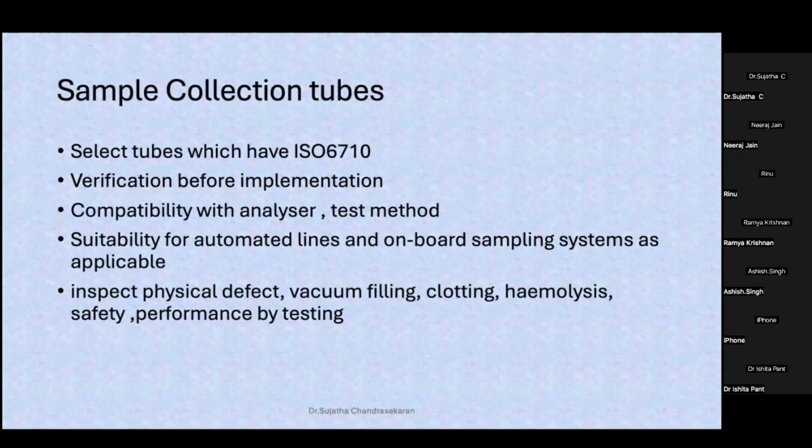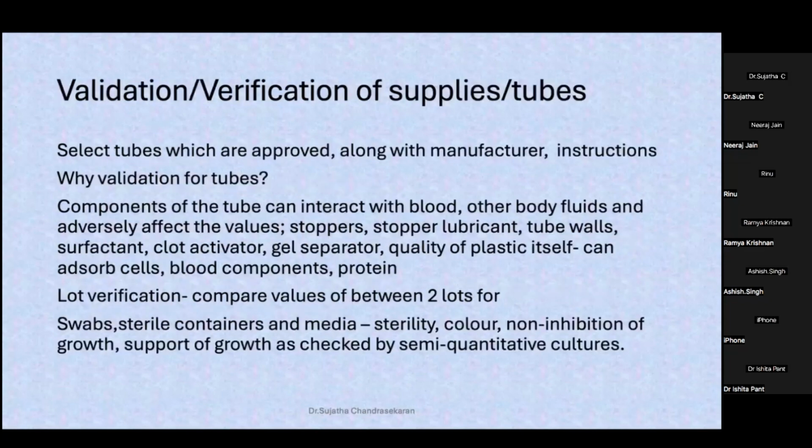Then clotting, are there minor clots? Then hemolysis, the safety, meaning the luer lock or the connecting device, how safe is that? And also performance by testing, right? How this should be done, right? Select the tubes which are approved, as I said before, along with the manufacturer's instructions.